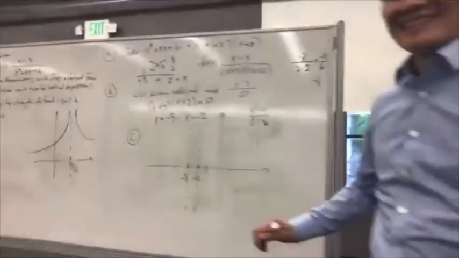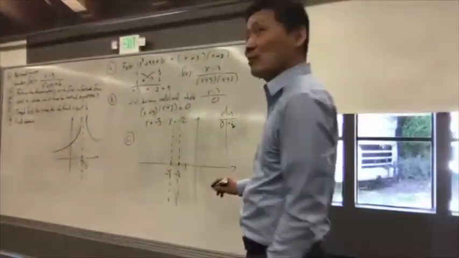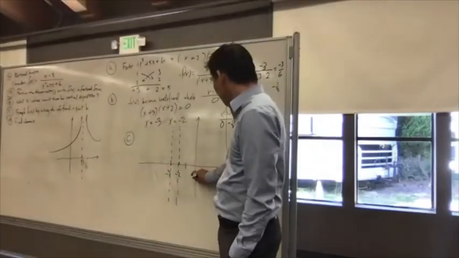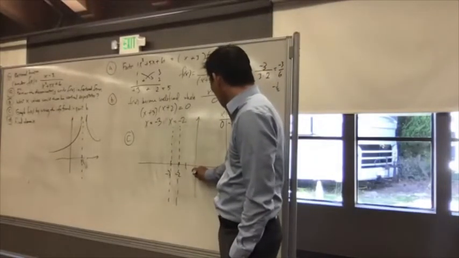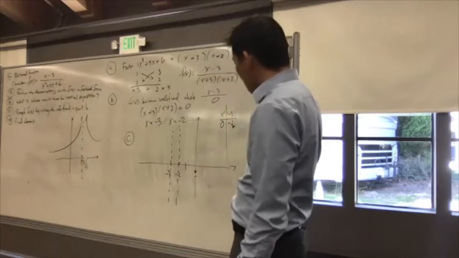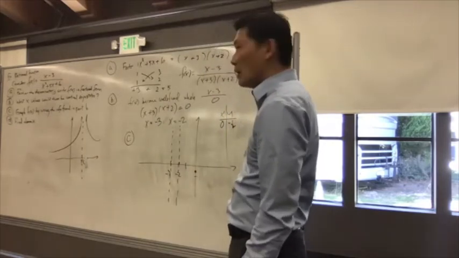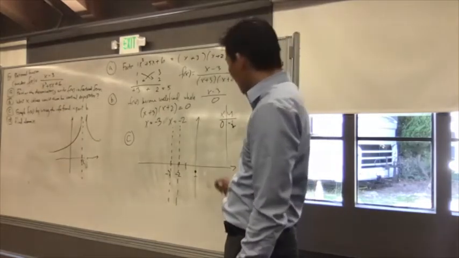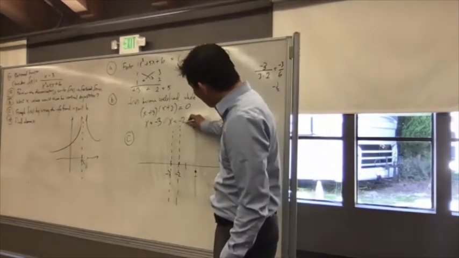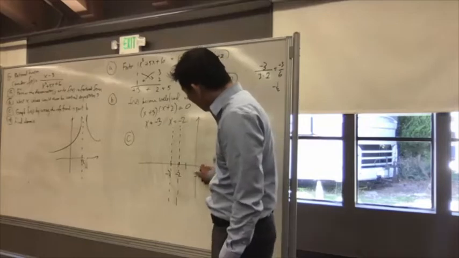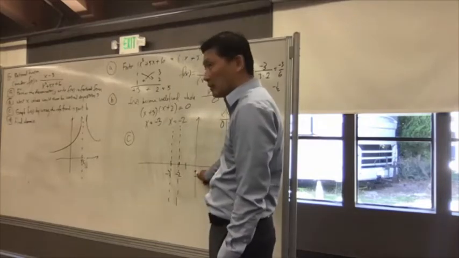So 0, negative 1/2. I got a point right here. Now my curiosity is whether this is going to go up like this, or down like this, because I know at least I got this point.